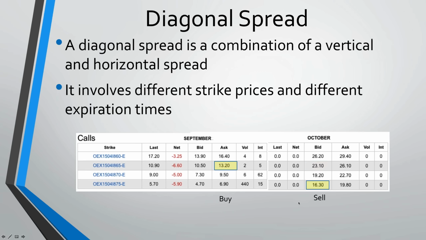Diagonal spread, again, really quick. A diagonal spread is a combination of a vertical and horizontal spread. It involves different strike prices and different expiration times. So you can see how this forms a diagonal. All right, so now we're September, October. We're buying this one. We're selling this one.